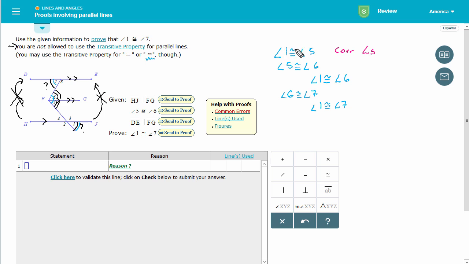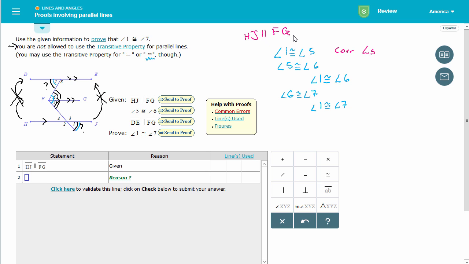And before that, I need to say that the two relevant segments are parallel. HJ is parallel to FG. How do we know that? That was given to us. So HJ is parallel to FG, and then angle 1 is congruent to angle 5.